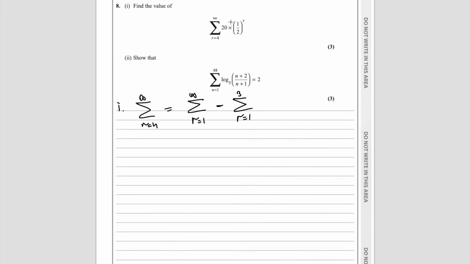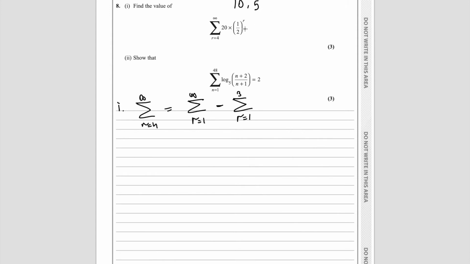And I think the best way to illustrate this is to just work a few of these terms out. So if we were to substitute 1 into this to work out the first term of our sequence, we'd get 20 times half to the power of 1, which would be 10. The second term, substituting 2 into this, would give us 5.